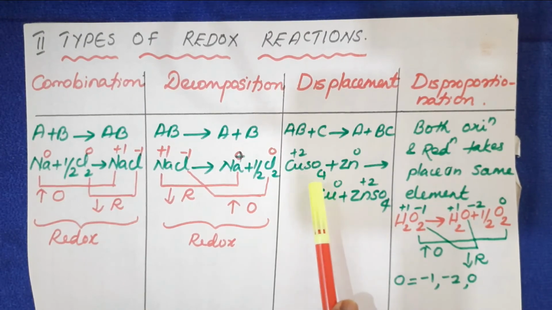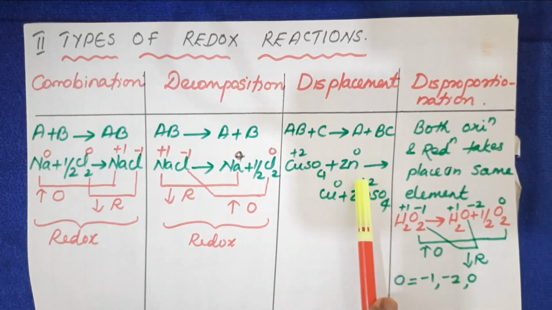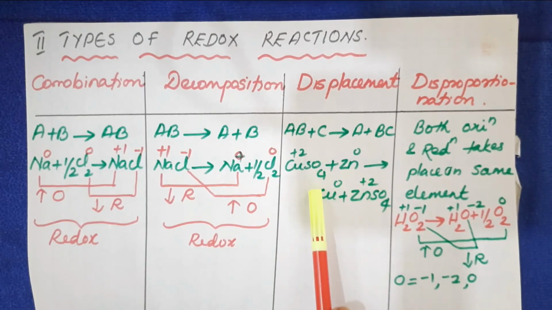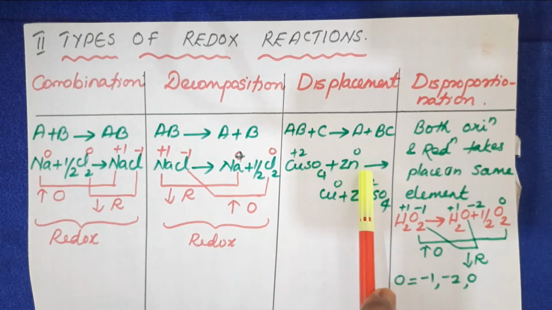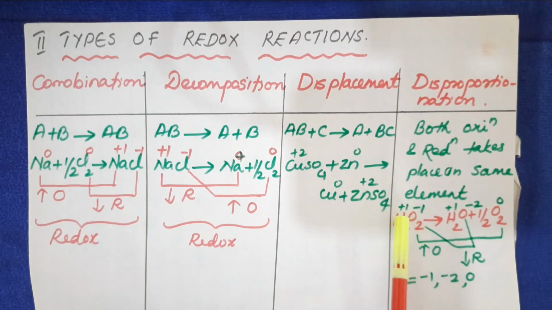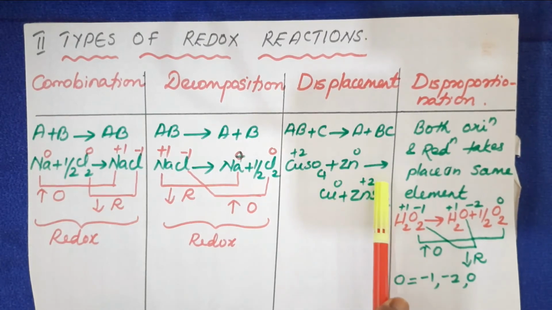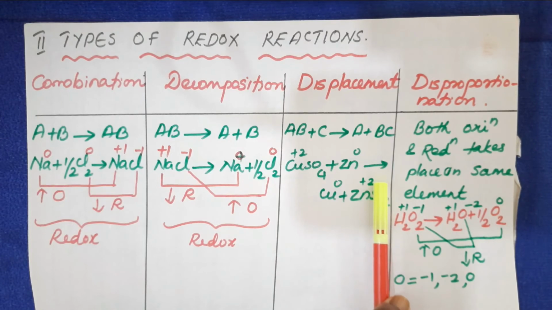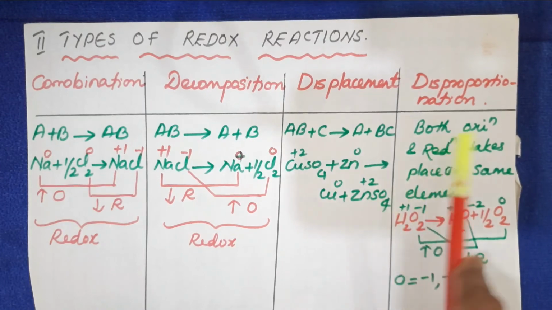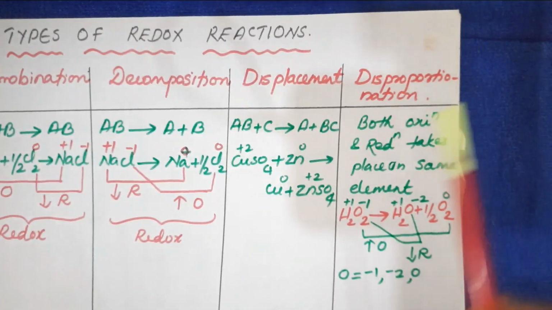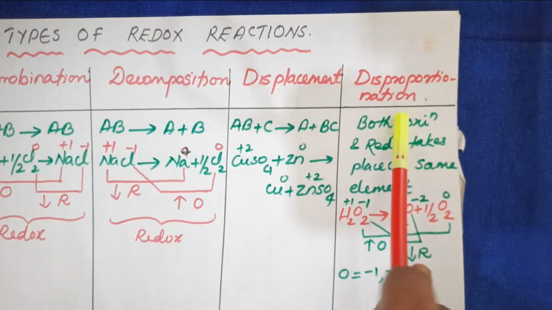Okay, when it combined with the zinc displaces sulfate from copper sulfate and becomes zinc sulfate. Copper become alone. Copper sulfate plus zinc gives copper plus zinc sulfate. Here also you can give oxidation number and you can see that it's an example for redox reaction.